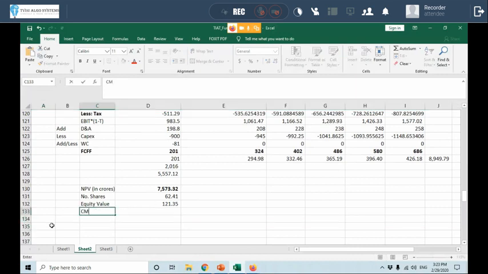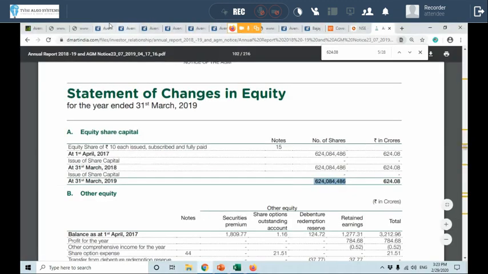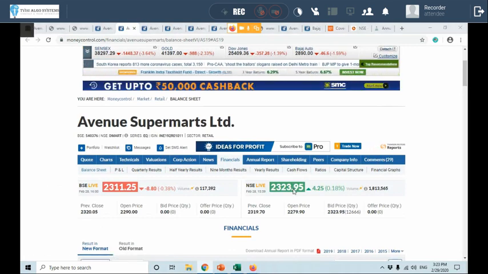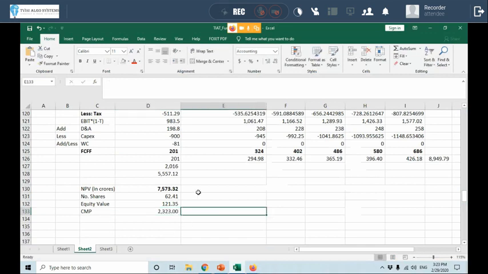And the current market price is some 2300 something. So now you can assume what kind of conservative growth rate we have taken.